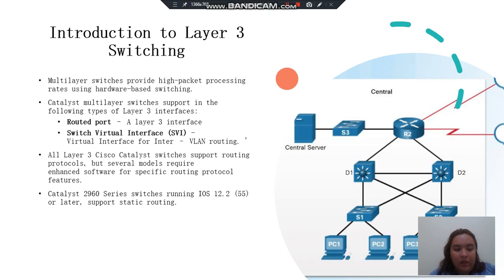Remember, all layer 3 Cisco Catalyst switches support routing protocols, but several models require enhanced software for specific routing protocol features. Also, Catalyst 2960 series switches running IOS 12.2(55) or later support static routing.